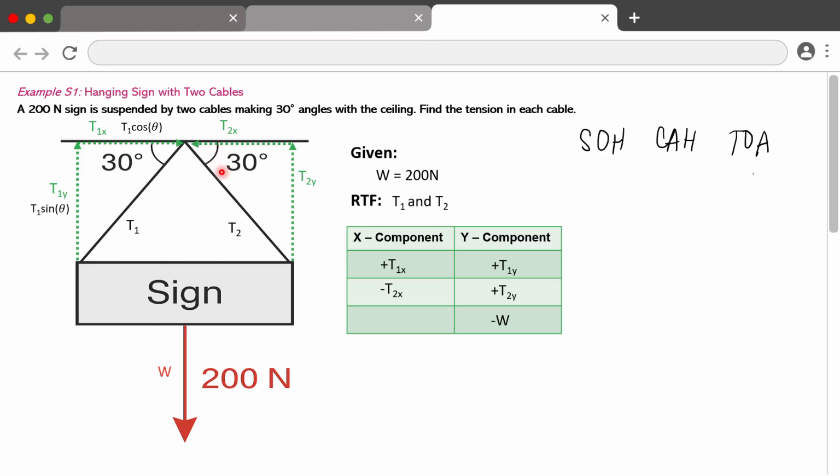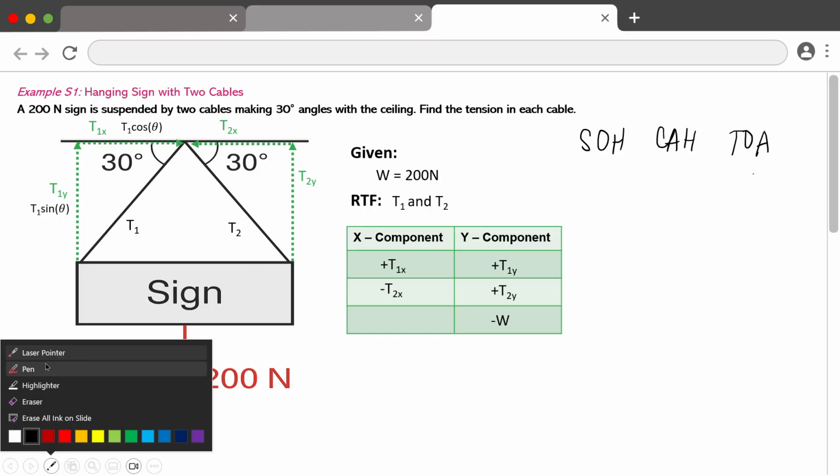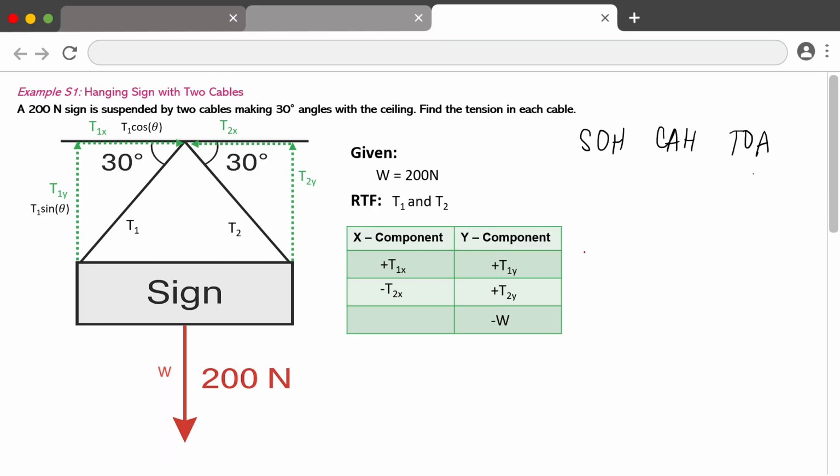If our reference angle is still 30 degrees, or the angle that this cable makes with the ceiling, then we can use trigonometry in order to write a ratio between T2x, T2y, and T2. So let's do that. Again, our reference angle is 30 degrees.